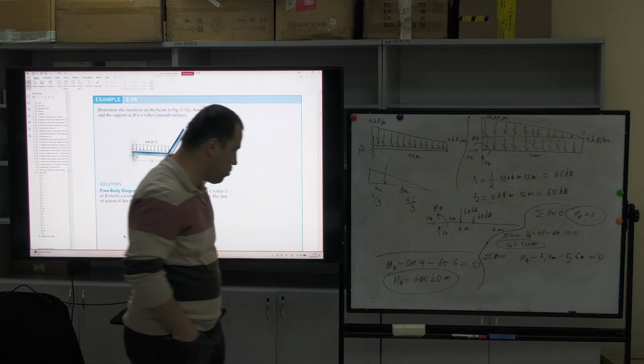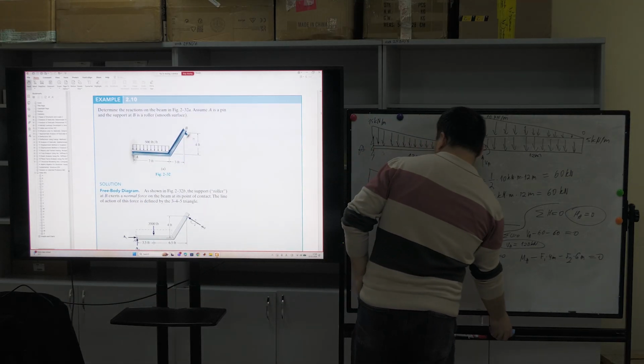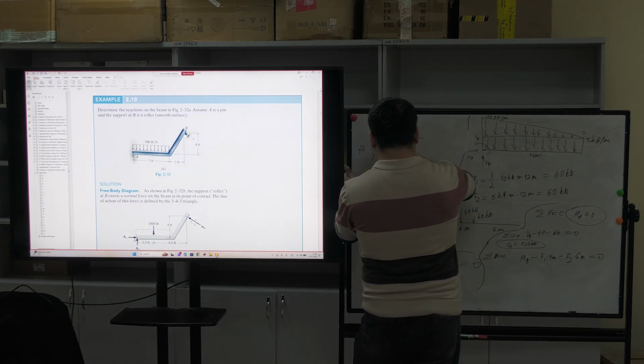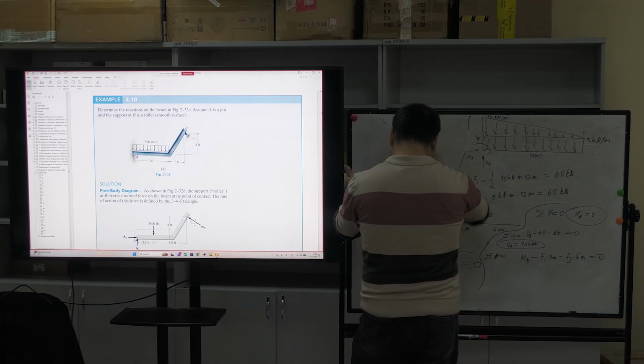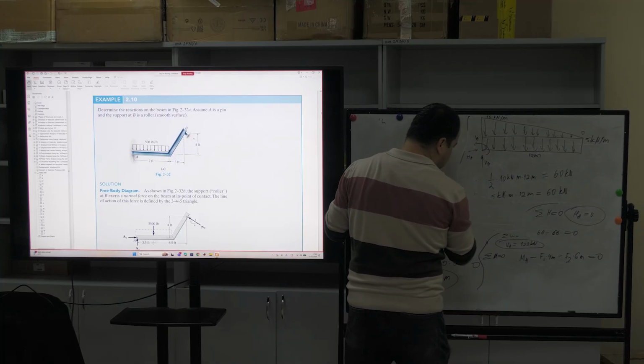Okay, let's draw this problem on our whiteboard and we will solve it together. Maybe you will solve it yourself.